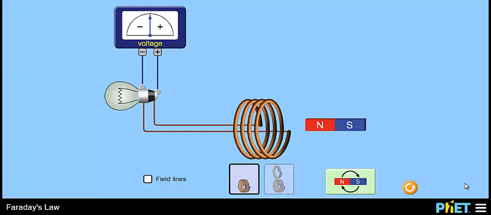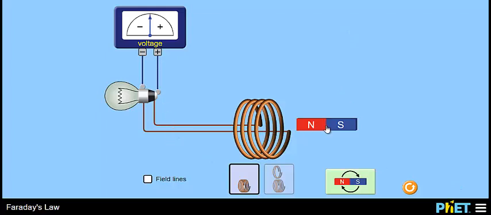Based on the results of your discussion, we know that a magnet can create electric current. Now we prove that using the virtual laboratory. In the virtual laboratory, there is a magnet, a coil, a lamp, and a voltage source. There is no current passing through the circuit.